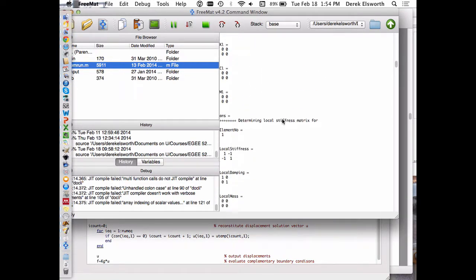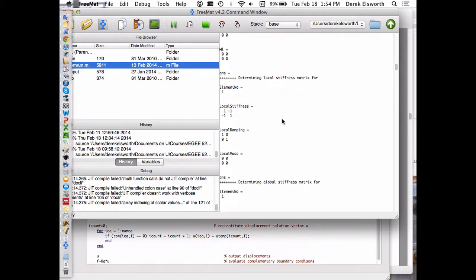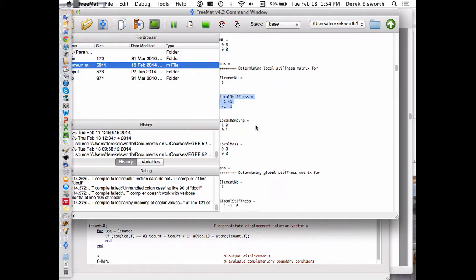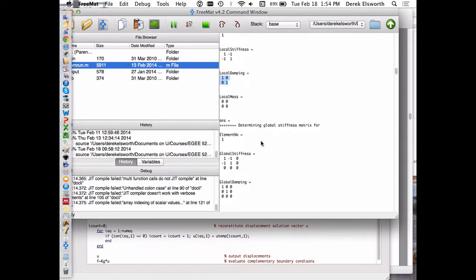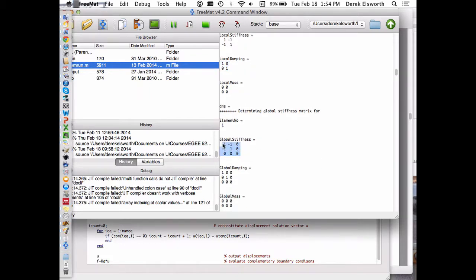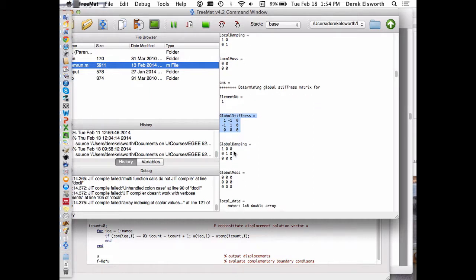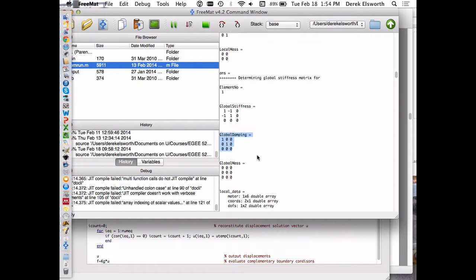As we go to the top, all of it are 2 by 2 matrices. It calculates the conductance matrix, that certainly makes sense. It calculates the storage matrix. It puts the conductance matrix in the 3 by 3 global conductance or stiffness matrix, just the first 2 terms, and for the S matrix.